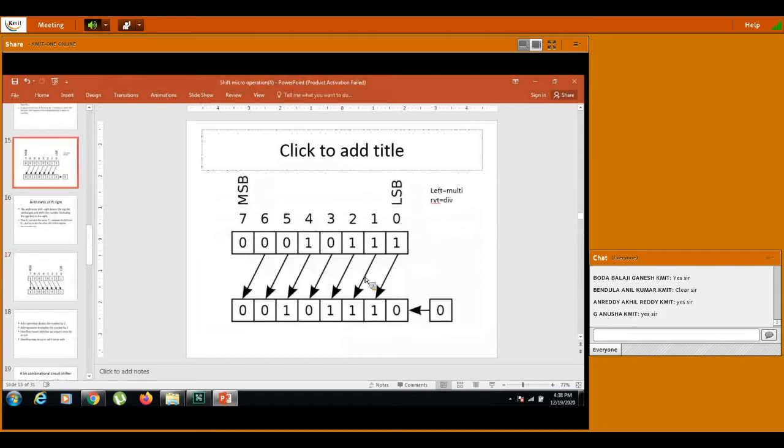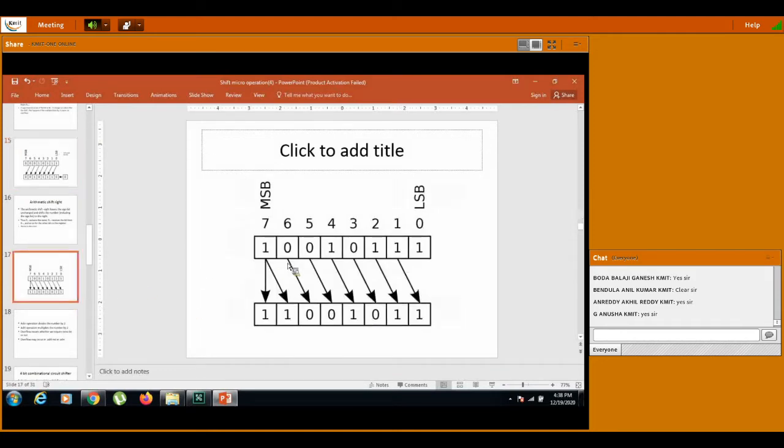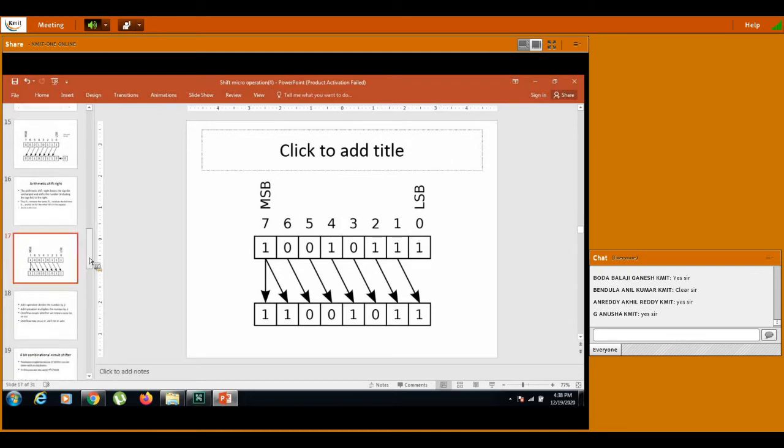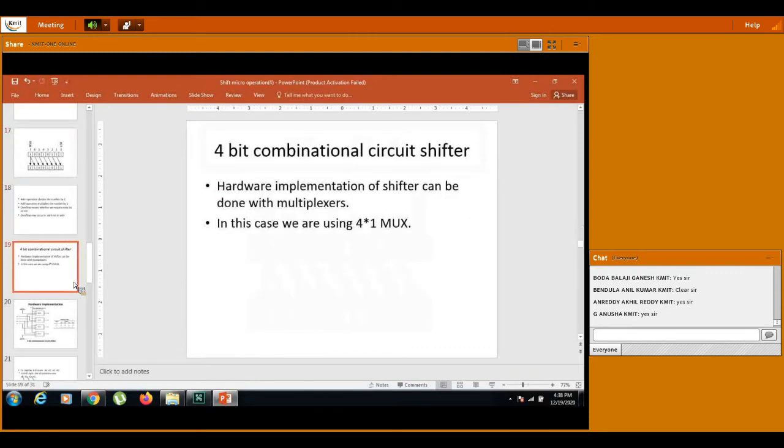But in arithmetic shift left, you may need it, because when you are moving it in this way, you need a particular bit to be kept here. You need an extra bit. That is called an overflow. But in the concept of right, you don't need it, because you are just taking this one here and shifting everything here. So you don't need to go for a new bit. So keeping a new bit is called overflow.